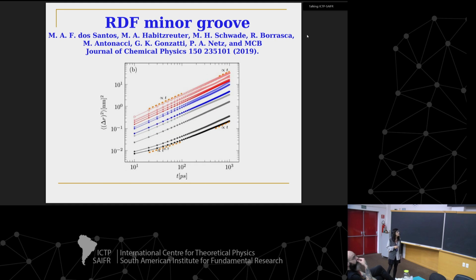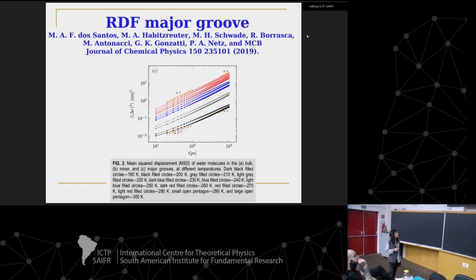And the same applies for the major groove. You have a region of high temperatures in which we have a Fickian behavior, but at lower temperatures, the system just becomes subdiffusive. The first one was bulk, then minor groove, and major groove, and you can see here the same behavior.